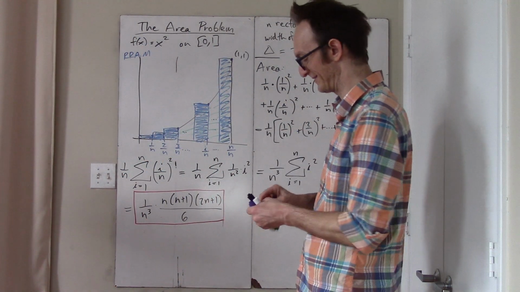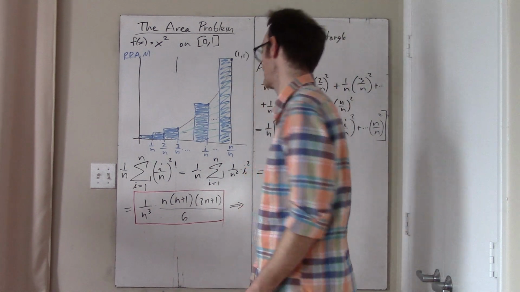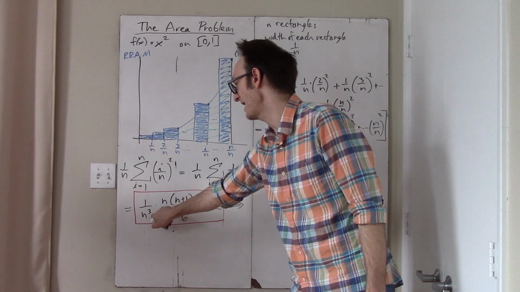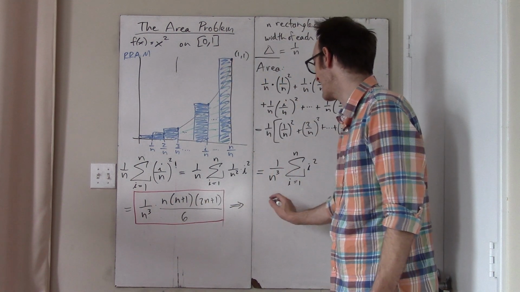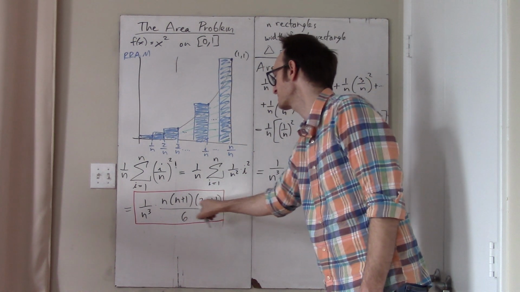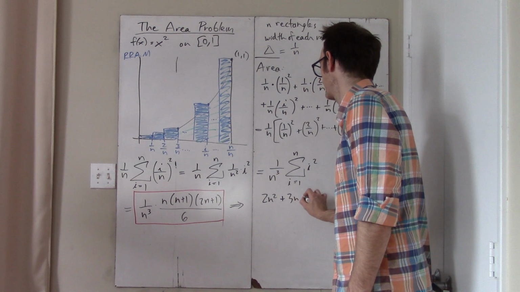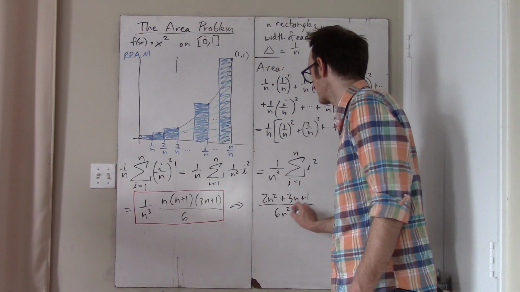Maybe I should do a couple more small algebra steps. For example, I can cancel an n on the top and the bottom, and this I'll multiply out as well. So that gives me on the top, I get 2n squared plus n plus 2n, so that's plus 3n plus 1 over 6n squared.